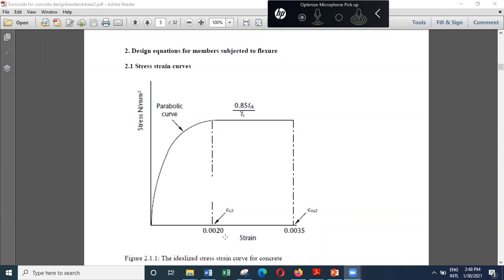And this particular stress strain curve is valid up to 60 megapascal cube strength or 50 megapascal cylinder strength. So if you are designing a structure having, say, a concrete grade of 30, then you can make use of this particular stress strain curve.